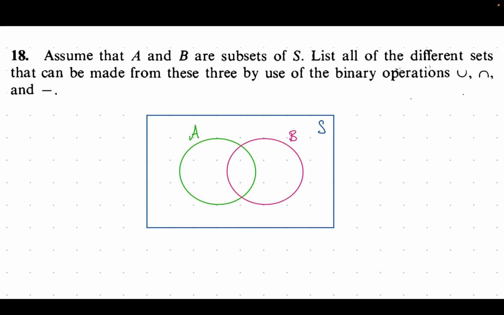Okay, so what I did was consider that here we see that A is a subset of S and B is a subset of S, and we're not assuming anything. We're not assuming that, for instance, B is a subset of A, that they're equal, or that they're disjoint. So let's just leave it like this.